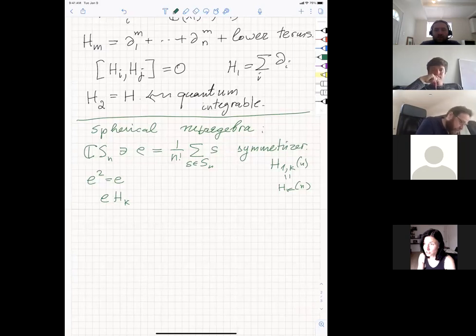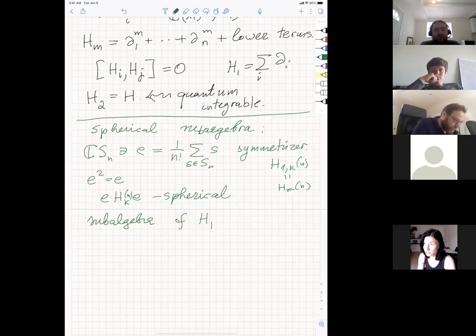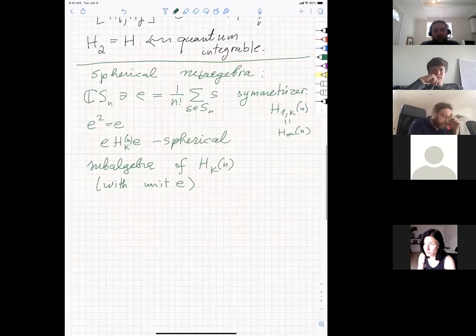But in the quantum case, I have this EHKE, which is called the spherical subalgebra of HK of n. This spherical subalgebra is not a unital subalgebra because its unit is not equal to 1, but its unit rather is this element E. And its representation theory typically is the same as HK of n.